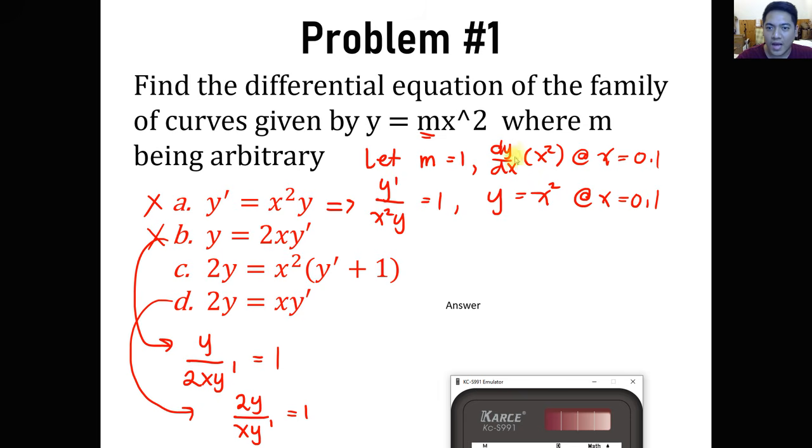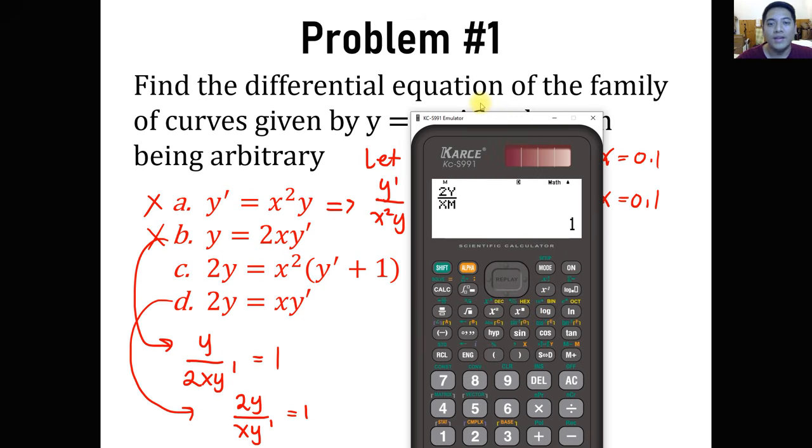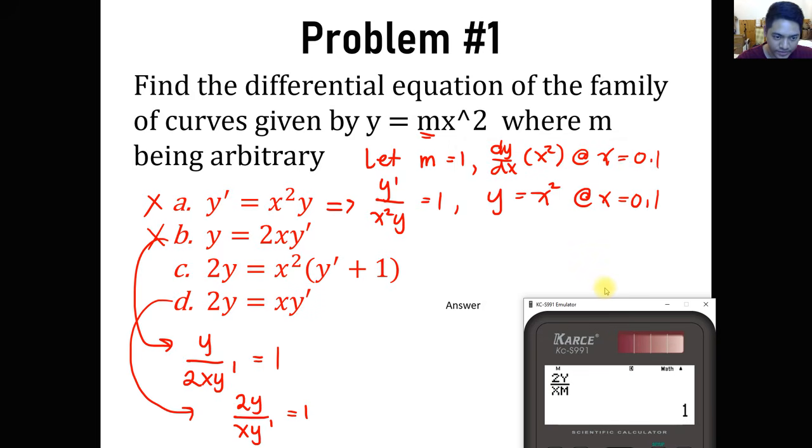Lastly, we also have dy all over dx, where we get the derivative of this x squared at x equals 0.1, and that value we stored at m, which denotes y prime. Going on to the choices, we simply simplify the choices, with the right side equal to 1. On the left side, that is what we are going to put on the calculator. After putting it, if the result is 1, then definitely that's the answer.